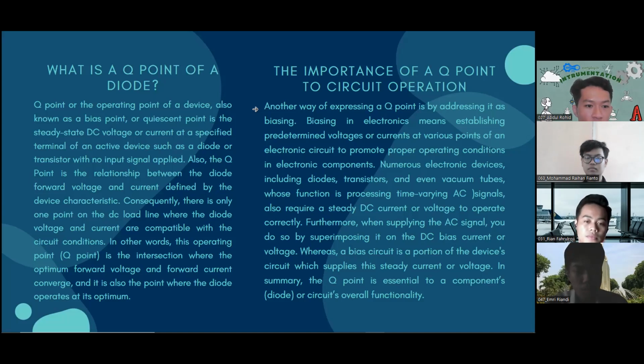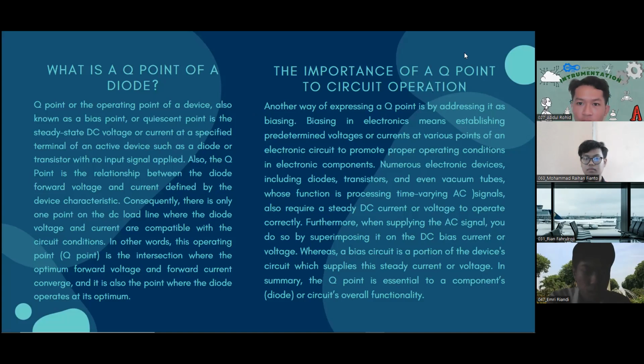Consequently, there is only one point on the load line where the diode voltage and current are compatible with the circuit condition. In other words, this operating point or Q point is the intersection where the optimum forward voltage and forward current converge, and it is also the point where the diode operates at its optimum.